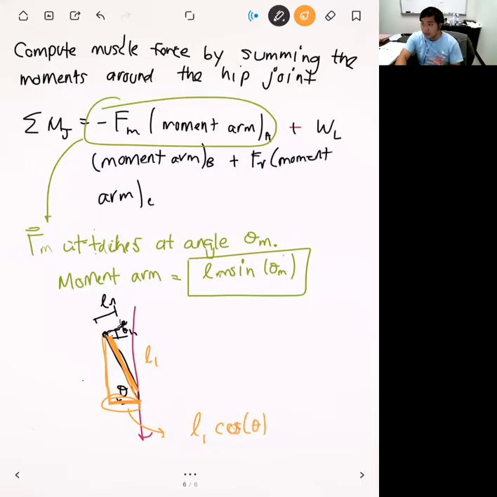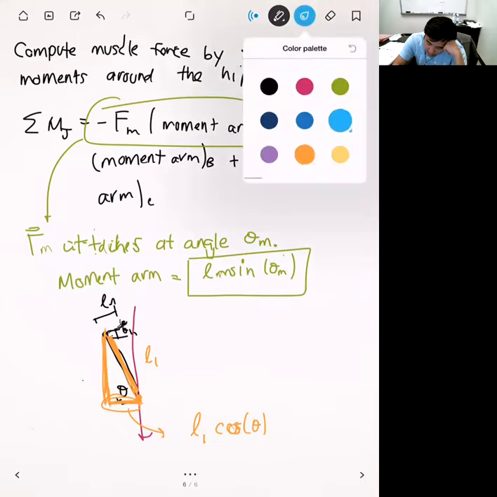This is good because at the end of the day we want as many horizontal distances as possible. But this is not the true moment arm yet, because that's the distance between the line of action of the force and the attachment location of the muscle. And so we're not quite at the joint yet.